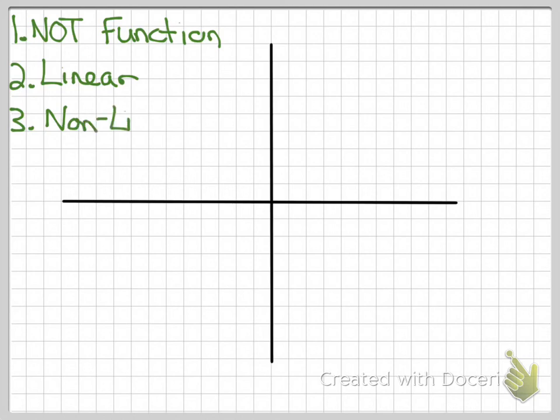And the way I tell the difference, okay, is by using the vertical line test. What's a vertical line? It's a straight down line.